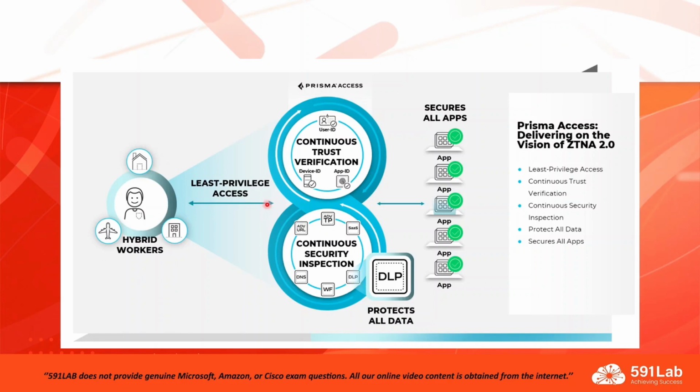In the Prisma Access environment, the traffic will always be verified using the user ID, the application ID, and the device ID. The traffic will also always be inspected by the Palo Alto security services, that is advanced URL filtering, advanced threat prevention, DLP, WildFire, and DNS security.